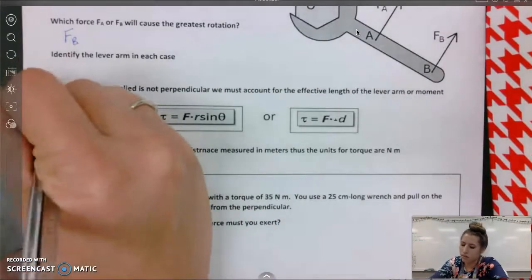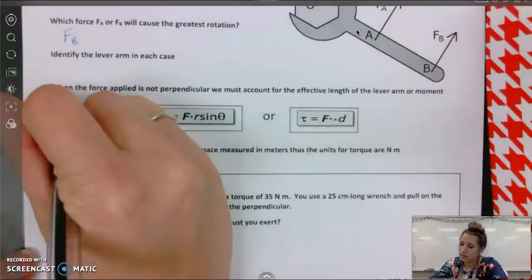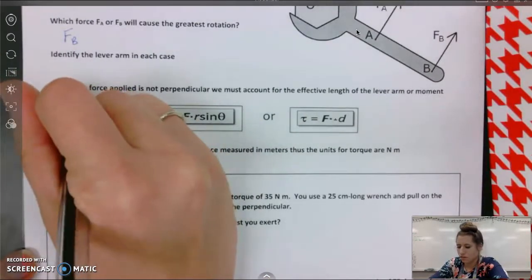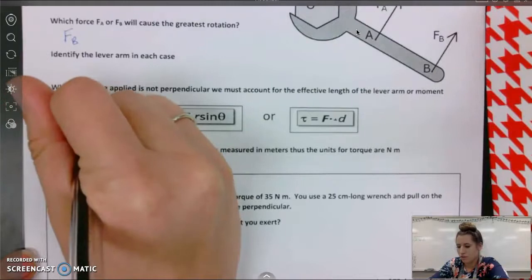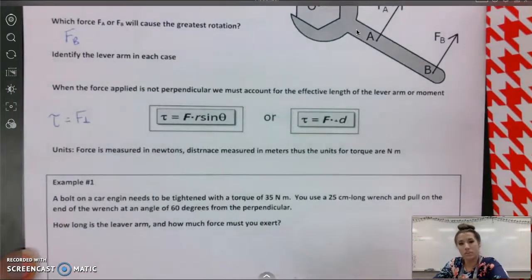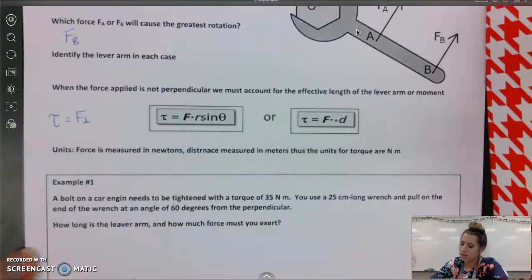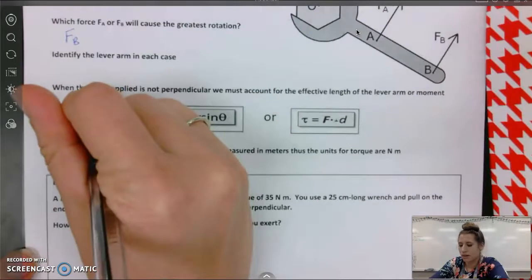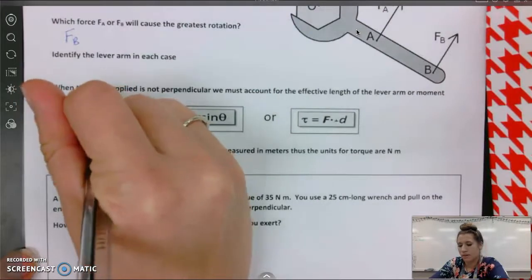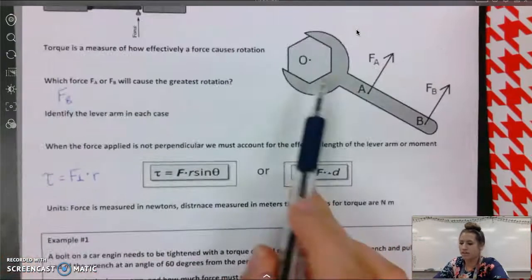And it's just torque, that tau, is equal to force perpendicular, the perpendicular component of the force, and that's what that little symbol means. Force perpendicular, and then multiplied by r, where r means radius, like the radius of a circle.